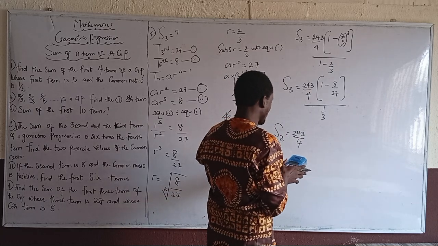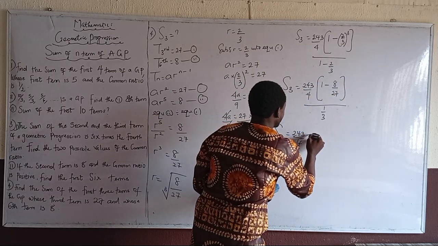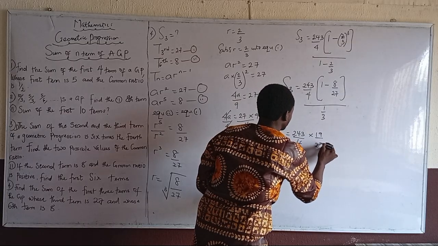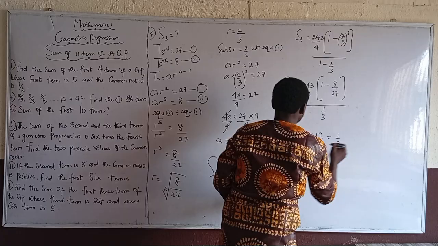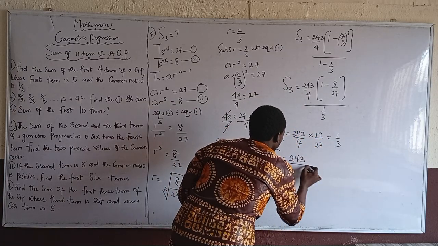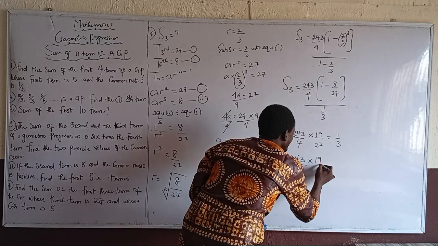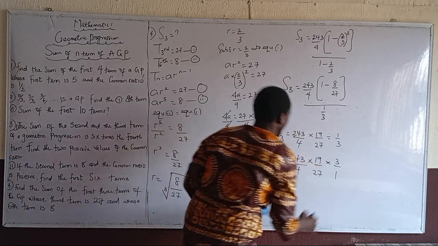Then I have 1 minus 2 to the power 3, which is 8, over 3 to the power 3, which is 27. Then 1 minus 2 over 3 is 1 over 3. So 1 minus 8 over 27 is 19 over 27, because 27 minus 8 is 19, divided by 1 over 3. So S3 becomes 243 over 4 times 19 over 27, then times 3 over 1.